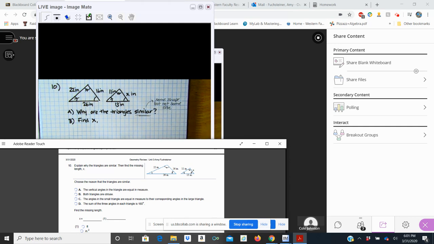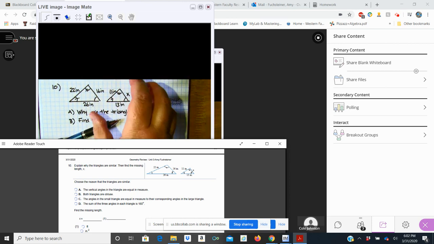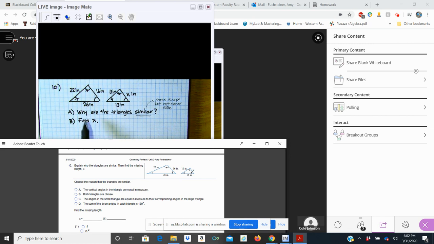In other words, one triangle is either grown or shrunk from the other. So this triangle has sides of 22, 16, and 26. It's the same shape as this triangle. It's just that the second triangle, we've shrunk it down. Okay? These two triangles have to be similar.